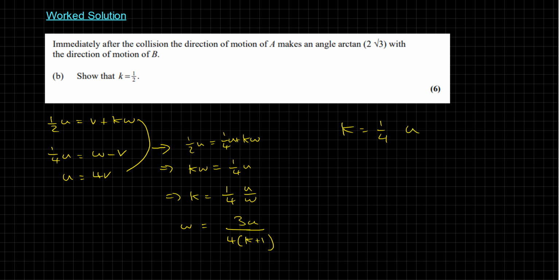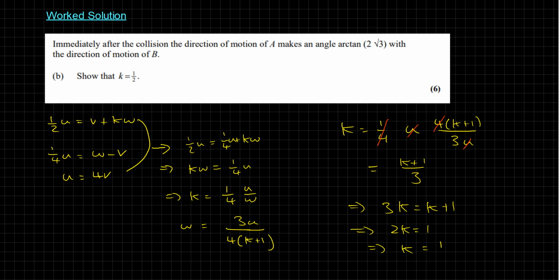So we've got U times 4K plus 1 all over 3U. Great, because now that U and that U cancel. And in fact, that quarter and that 4 cancel. So that tells us that K is equal to K plus 1 all over 3, which implies 3K equals K plus 1. Okay, and then we're getting there, 2K equals 1, and that implies K is equal to 1 over 2, which is exactly what we needed to show.